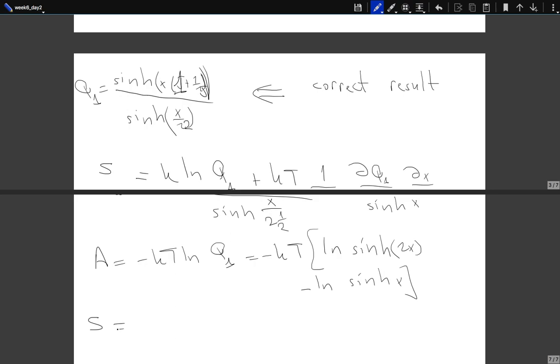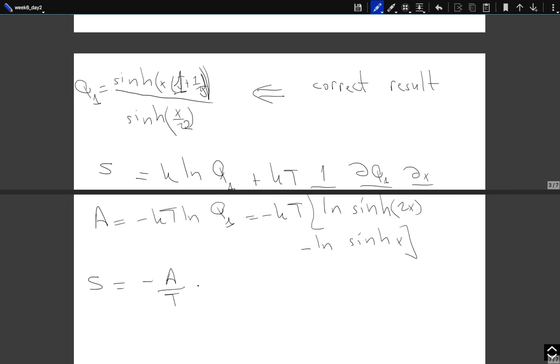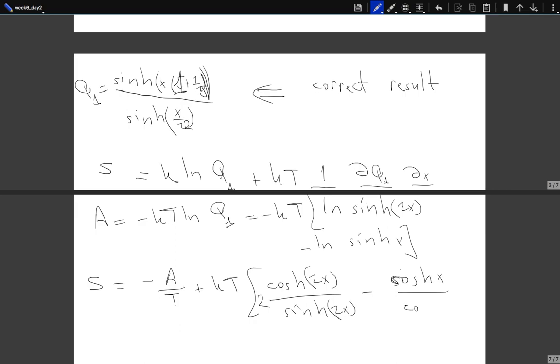S will be minus a over t, this is the derivative of the first one, plus kt times the derivative of the logarithm with respect to x, which will be cosine hyperbolic 2x divided by sine hyperbolic 2x multiplied by 2, minus cosine hyperbolic x divided by sine hyperbolic x, times minus x over t.